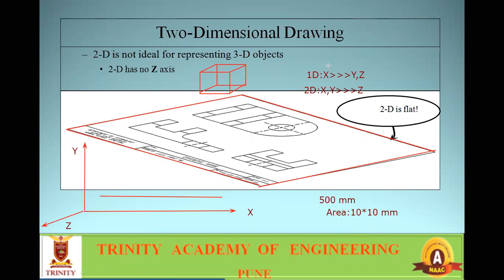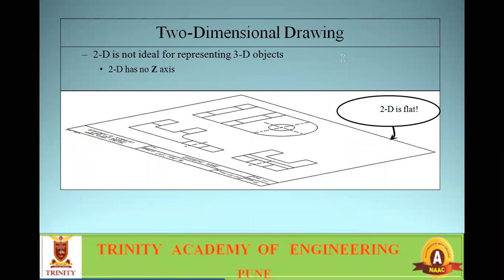So I will define 3D: x is near about equal to y, near about equal to z dimension. So this is the case which we are going to study in this subject. I will clear all this.